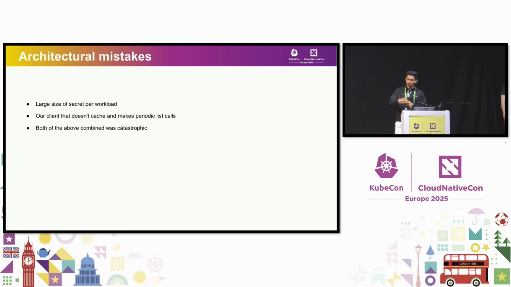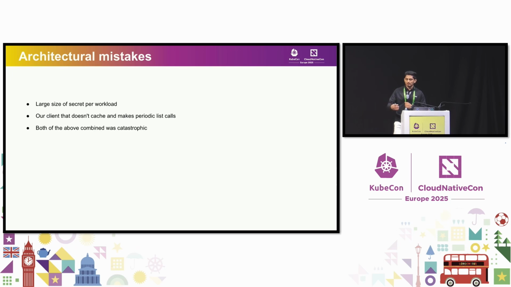And in that move, there were some mistakes that we made. One of them was we put a large amount of data in secret as configuration or certificates for our workload. And that meant that a lot of time and effort is taken both at API server as well as the client side to encode, decode that YAML, just a lot of YAML in the workload.